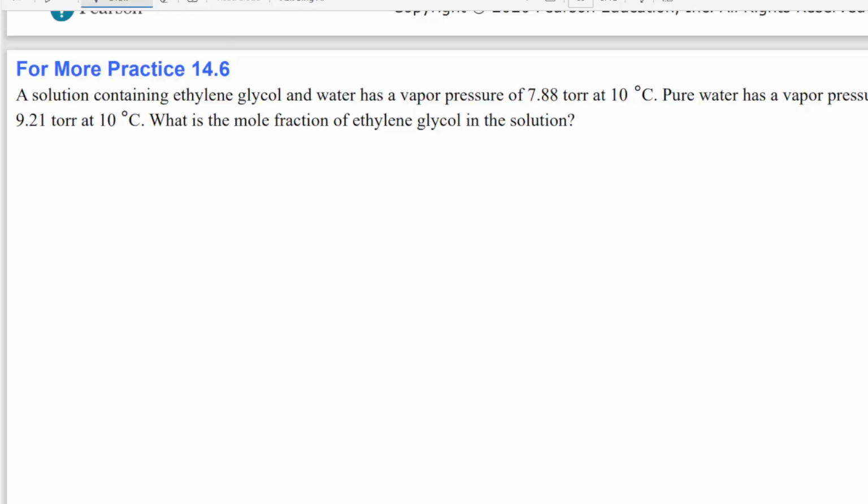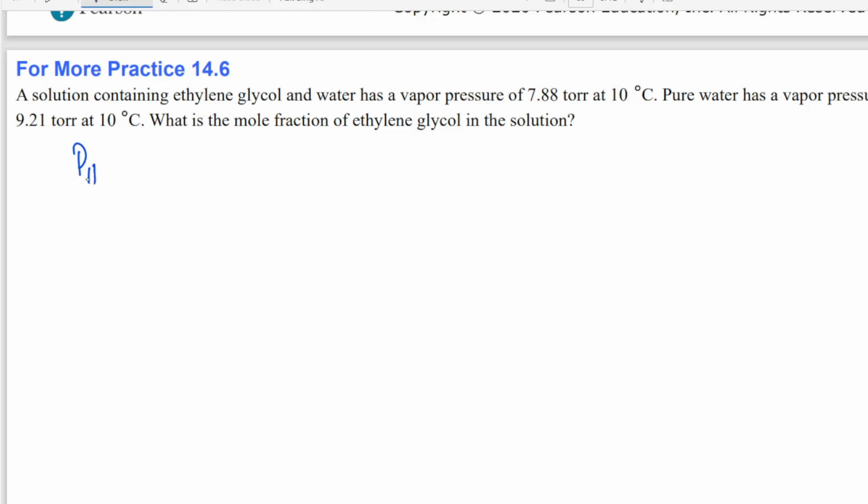For more practice 14.6 says, a solution containing ethylene glycol in water has a vapor pressure of 7.88 torr at 10 degrees C. Pure water has a vapor pressure of 9.21 torr at 10 degrees C. What is the mole fraction of ethylene glycol in the solution? So remember, the total of all mole fractions has to equal 1.